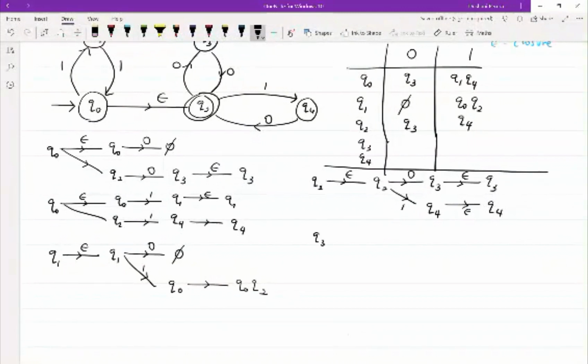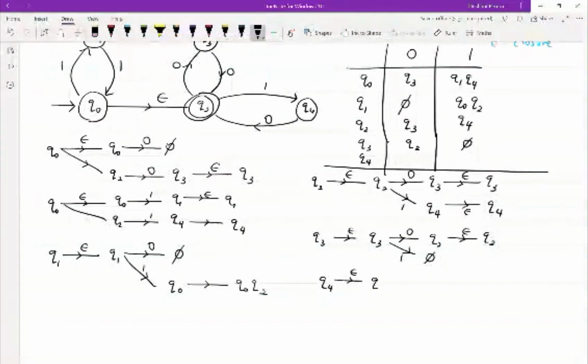State Q3. Upon seeing 0, I go to Q2. Upon seeing 1, I will go to not defined. So this is not defined. This is Q2. Finally, Q4.